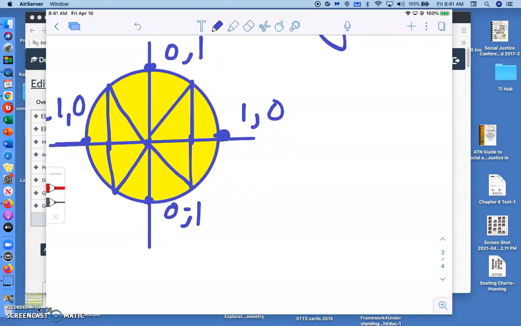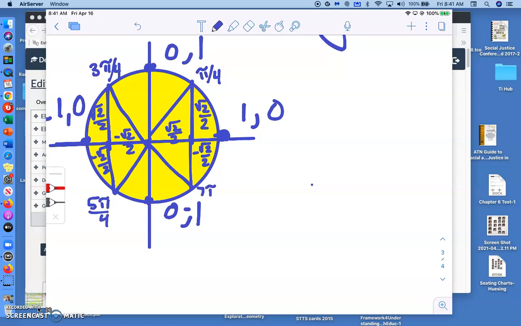And if we were to label those side lengths here, we'd have root 2 over 2, root 2 over 2, negative root 2 over 2, negative root 2 over 2, root 2 over 2, and negative root 2 over 2. If we labeled these angles, we'd say that's our pi over 4, 3 pi over 4, 5 pi over 4, and 7 pi over 4.